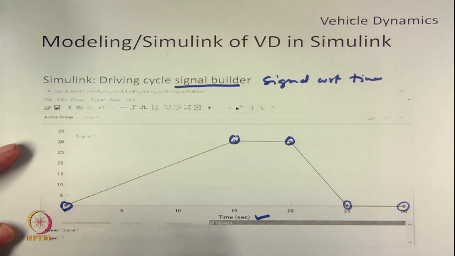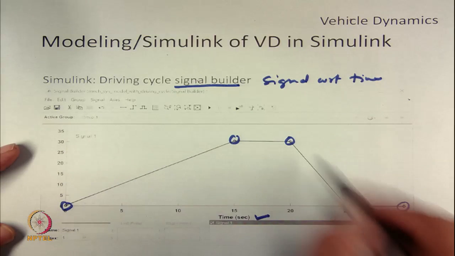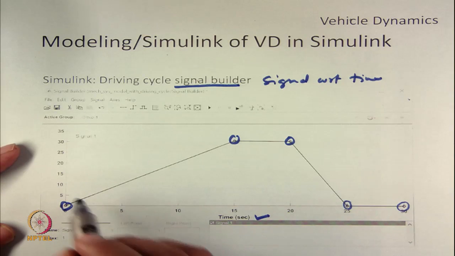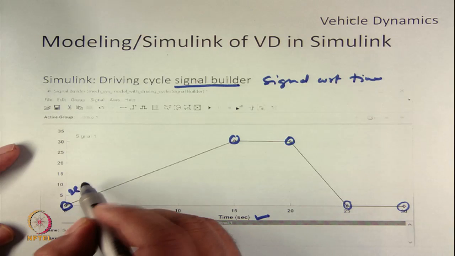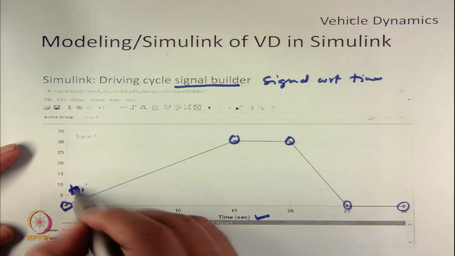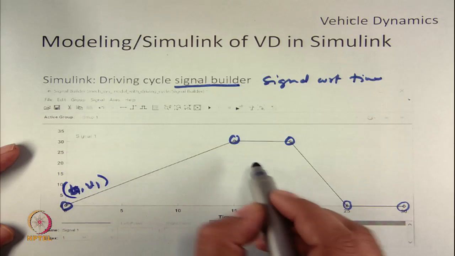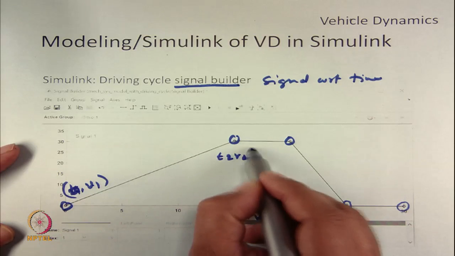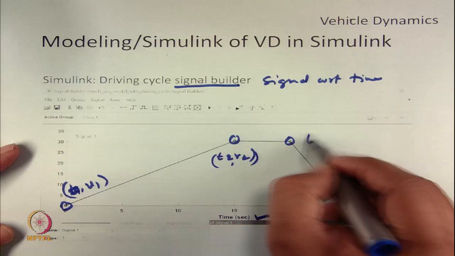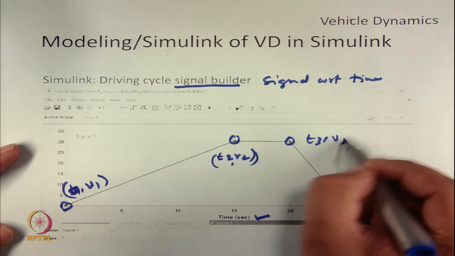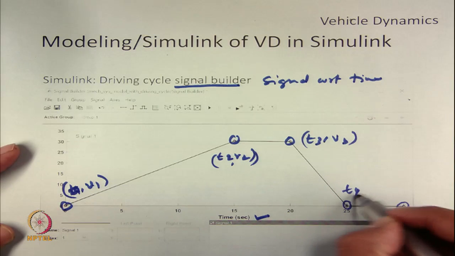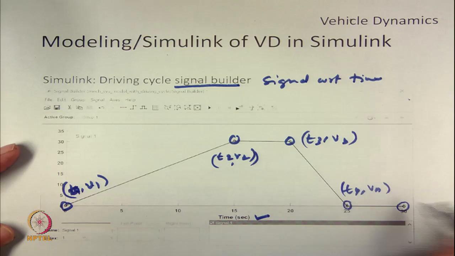So, time in seconds and these values can be put. Basically these are xy coordinates. So, this is T1 V1, this is T2 V2, T3 V3, T4 V4 and T5 V5.